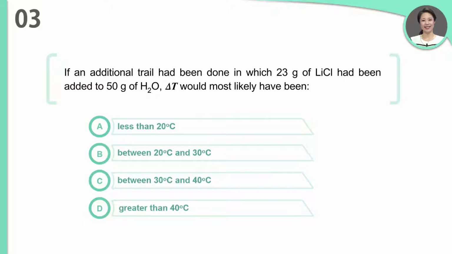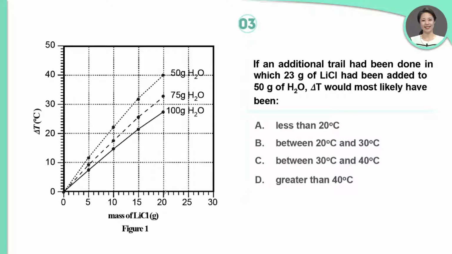Question number 3. If an additional trial had been done in which 23 grams of LiCl had been added to 50 grams of water, what is delta T? Okay, let's move on to the next page. Here, everything ended at 20 grams of LiCl, so from 0 to 20. Let's say we had an additional trial and we added 23 grams.